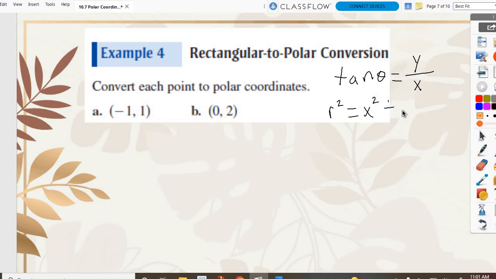Okay, so on our first one, tangent of theta is going to equal what? 1 over -1, which is also -1. So where does tangent equal -1?